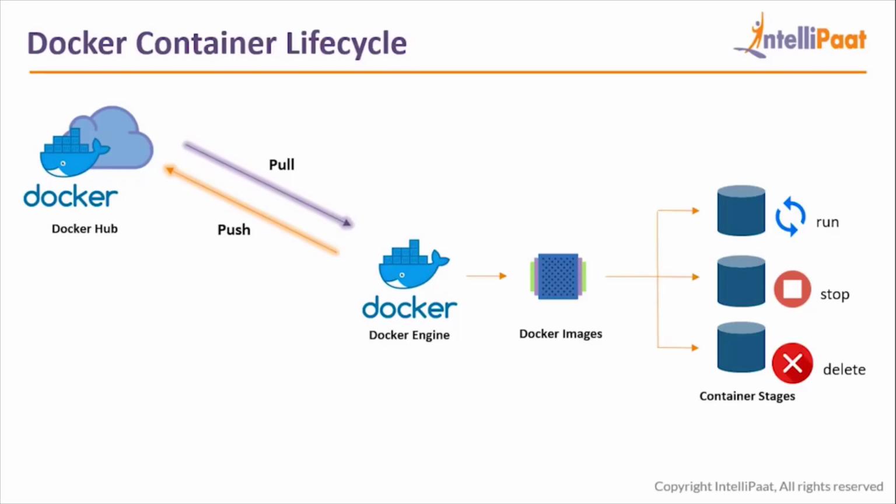The first thing you do is pull it from Docker Hub, it becomes an image, then you run that image, and it becomes a container. And the containers can either be in a running state, a stopped state, or a deleted state. So this is basically a summary of what happens inside Docker.